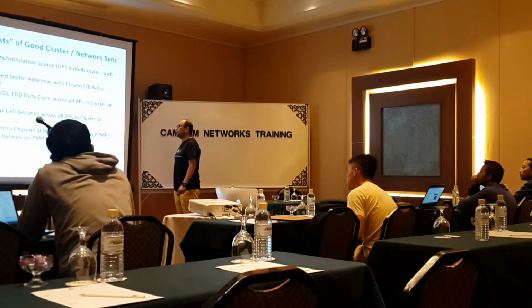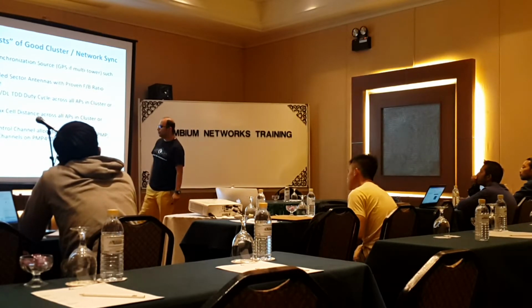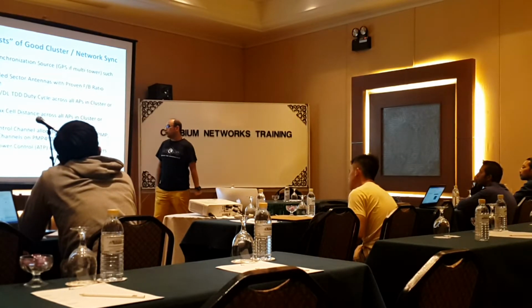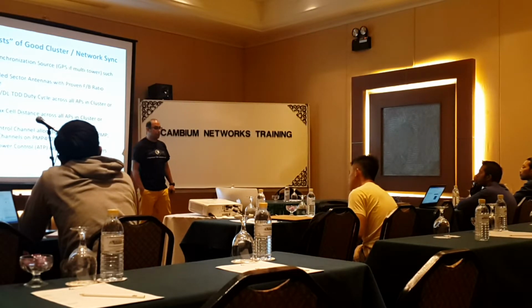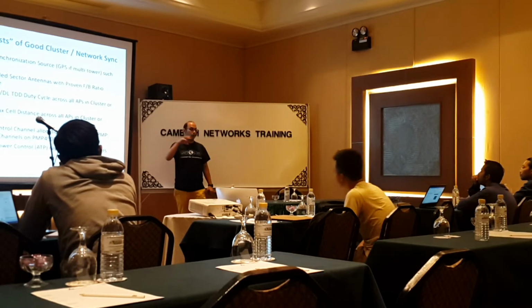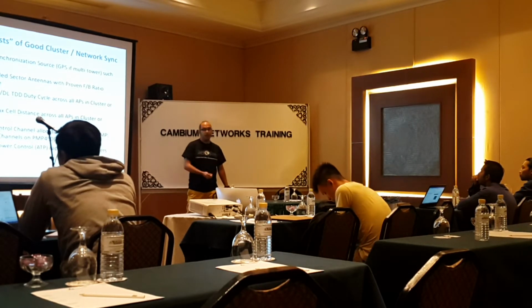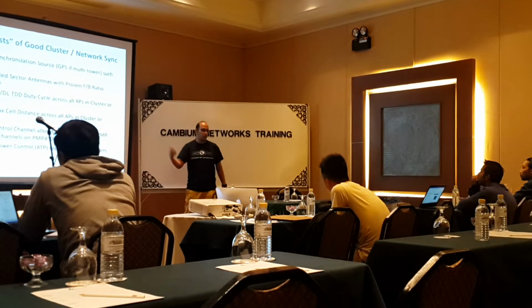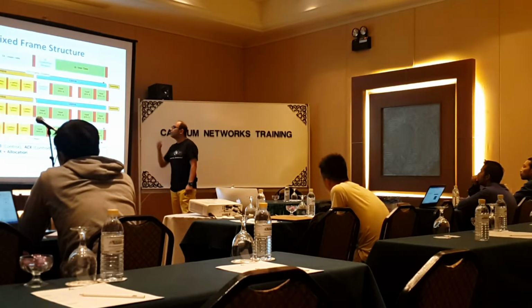And common control channel allocation. Automatic transmit power control should also be used. It means the access point can control the power of the client automatically to avoid leakage to another access point.